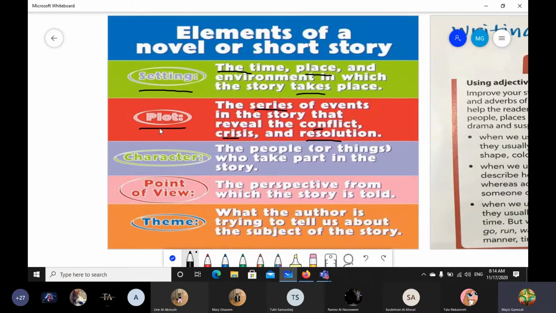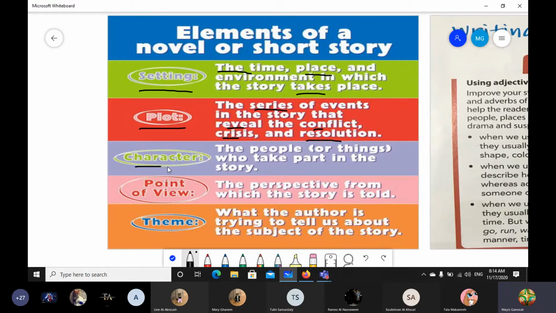So, one more time, the plot is the series of events in the story that show the reader the conflict, crisis, and resolution: the problem, and how I am going to solve my problem.